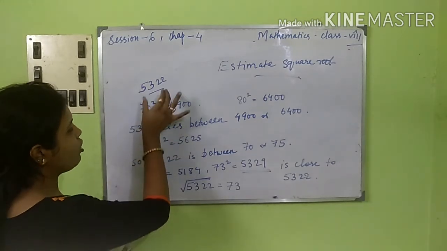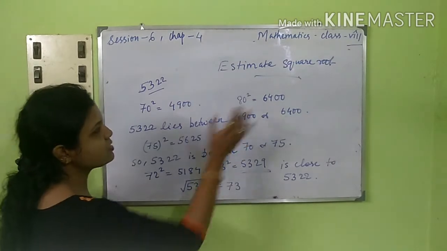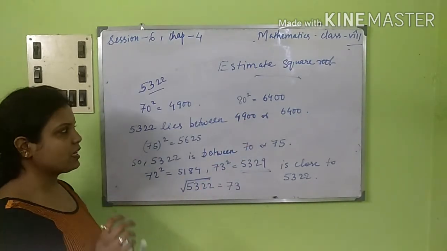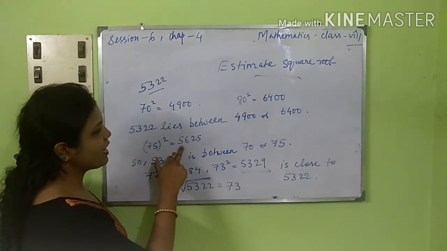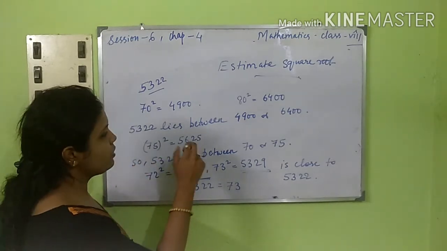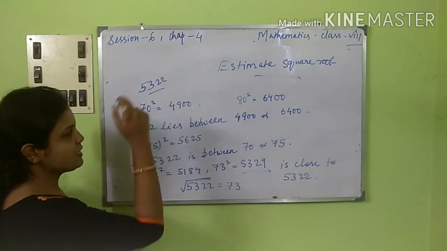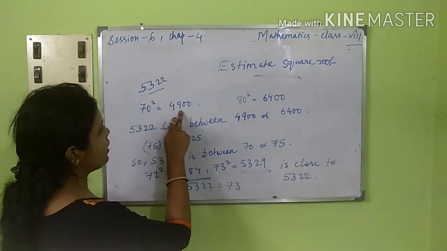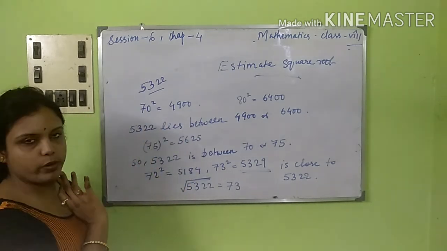So obviously this particular number is lying between 4900 and 6400. Next, 75 square we are getting 5625. So again we can see that 5322 is lying between 4900 and 5625. That means between the squares of 70 and 75.